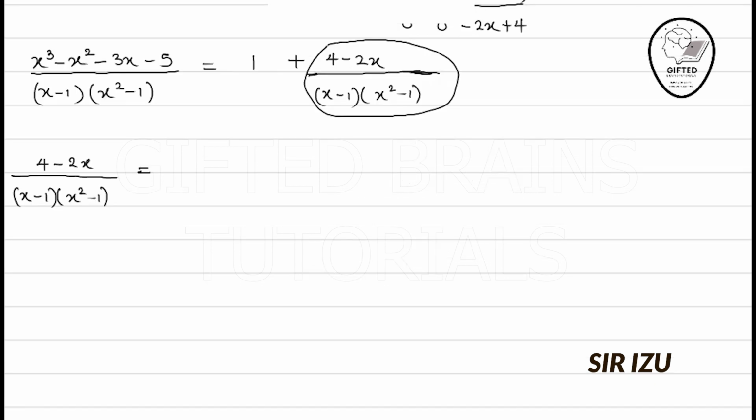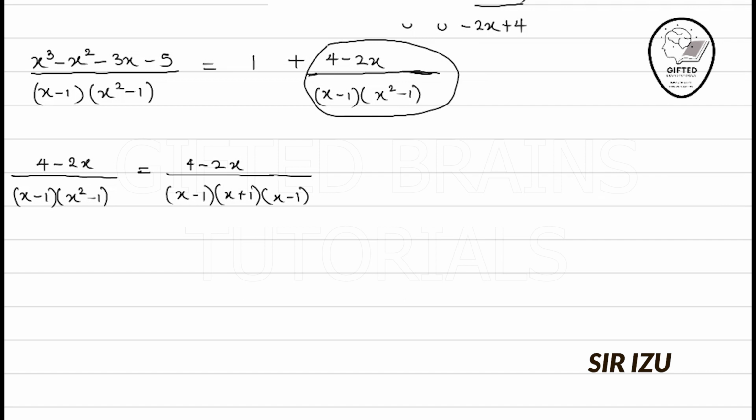Now, I want to say that the denominator can be factorized. Take note. So we have one that looks like this now: x minus 1 first. And then the x squared minus 1 here can be x plus 1 and x minus 1.